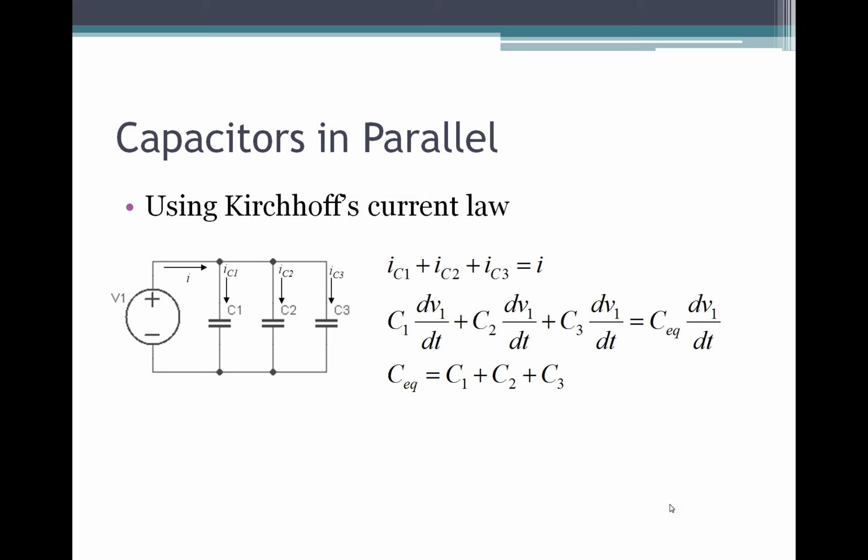Similarly, we can determine the equivalent capacitance for capacitive elements that are in parallel with each other. And we see that the equivalent capacitance for parallel capacitors is determined like it is for series resistors. That is, we simply add linearly the capacitances of all of the capacitors that are in parallel with each other.